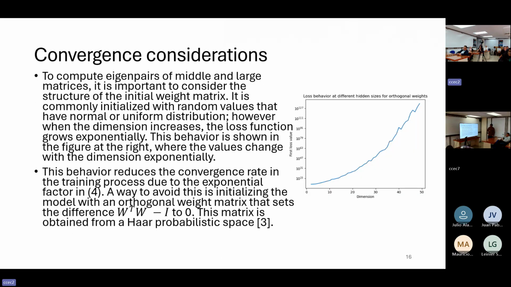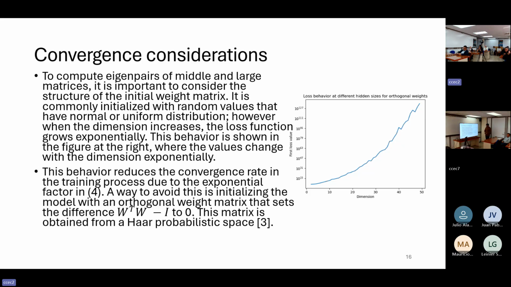Another consideration to avoid problems, especially during optimization and training, was to set an initial matrix distribution. It was experimentally observed that the behavior and the convergence have a correlation between the dimension of the matrix, the initial matrix, and the first loss value.